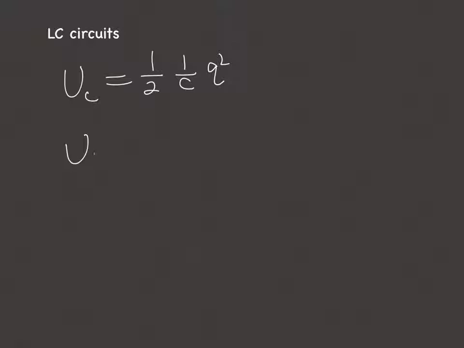And the energy for an inductor is 1/2 L I squared. Remember that this is like a spring, and the spring energy was 1/2 k x squared, where we already established that k is 1 over C and x is q. This acts like a kinetic energy equation where L was mass and current was velocity.